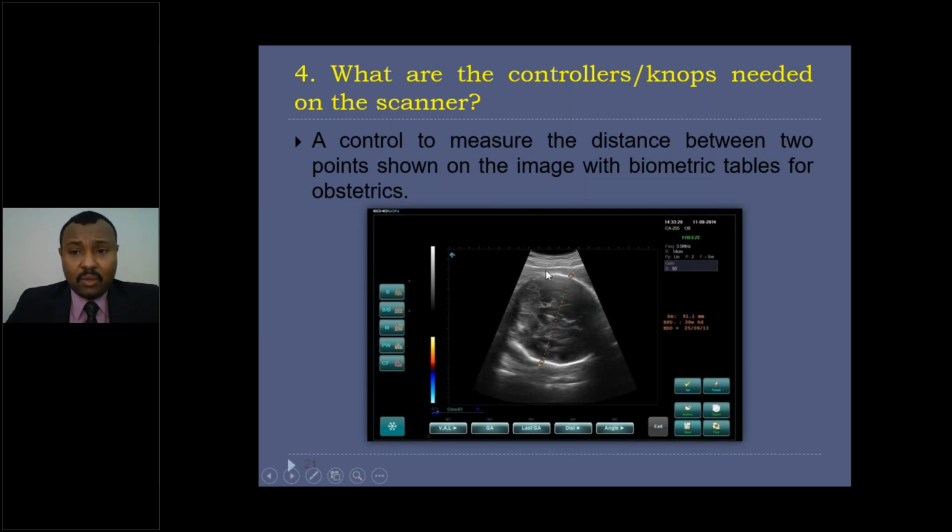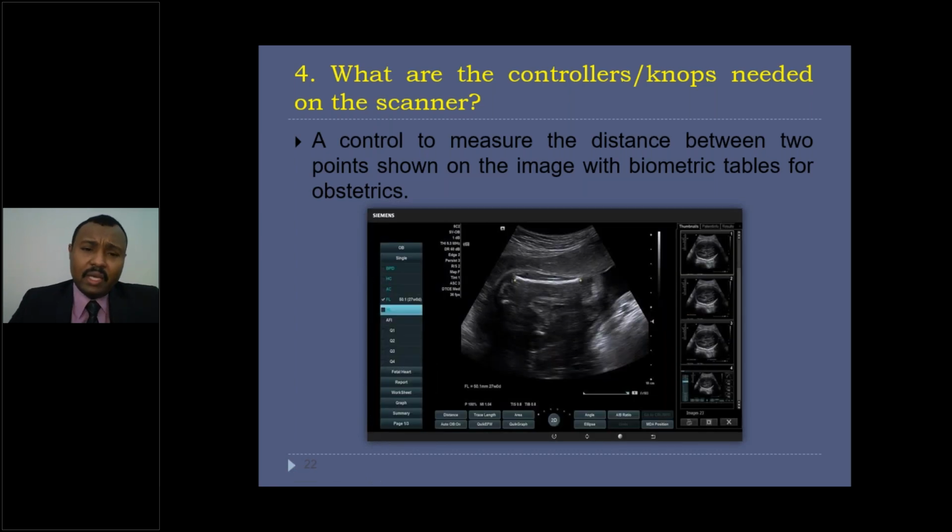I think right now it's clear for you why we should have a control to measure the distance between 2 points. And we can add much information regarding the biometrical table of obstetrics by looking at this image. You can see here we have measured the distance for the shaft of the femur.